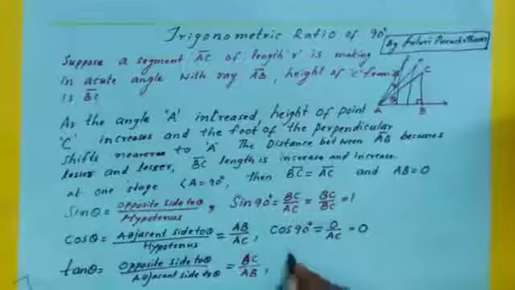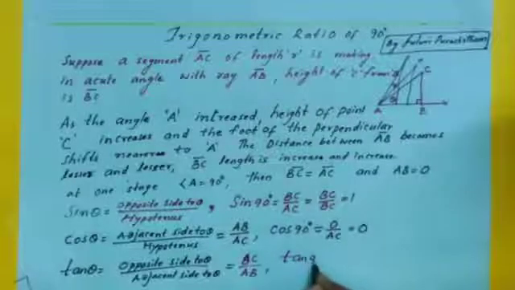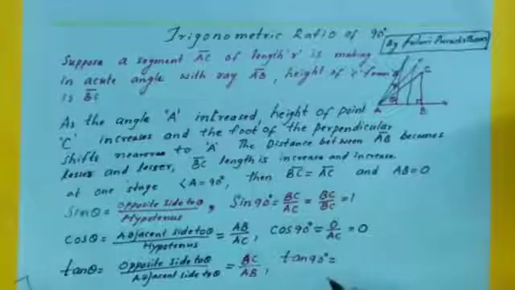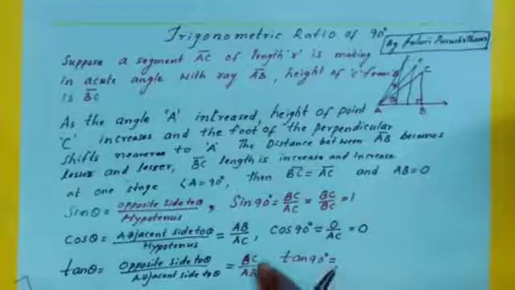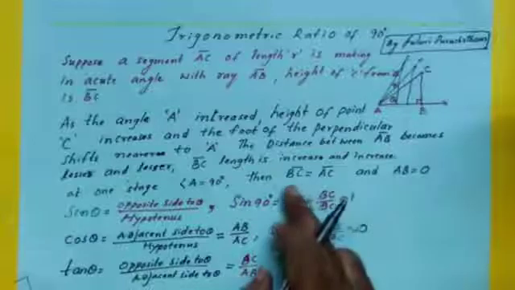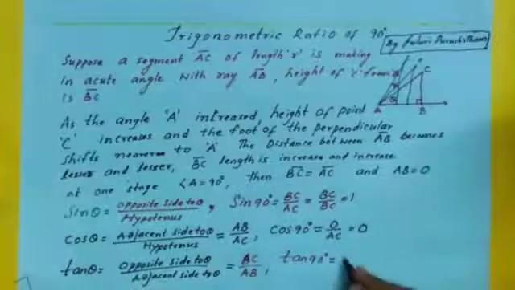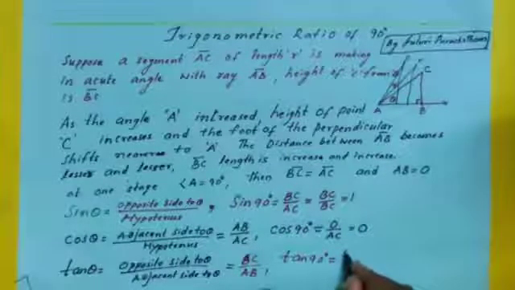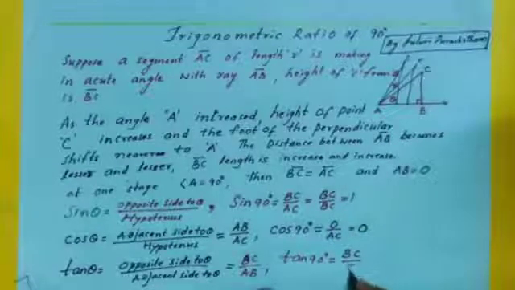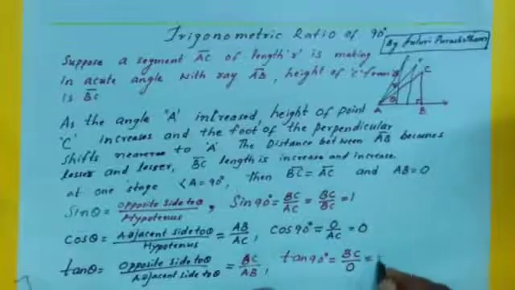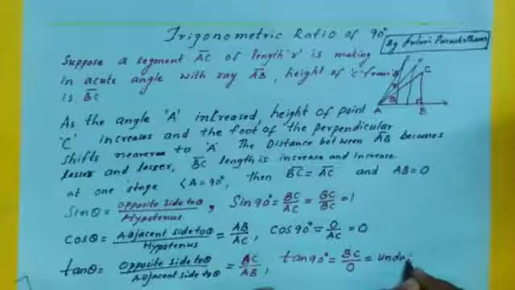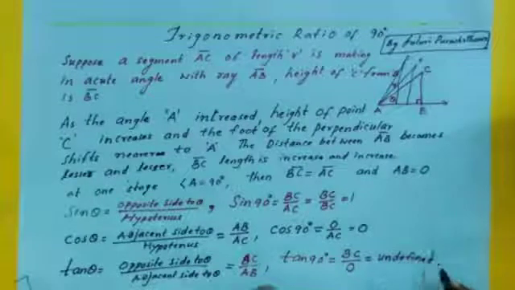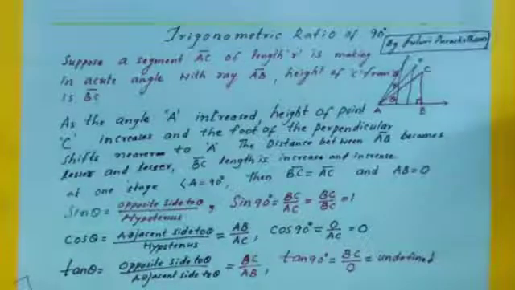So tan 90 degrees is BC by AB. BC means BC only, but AB is 0. So something by 0 is undefined. Is it clear, Nana? The remaining thetas you have to write.